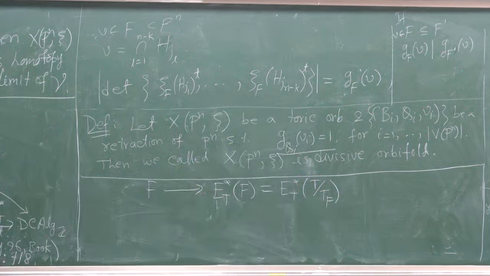I just wanted to say, but it seems time is over, but still I will say in one or two sentences. Using this functor and some result of Harada-Holm, we can compute the equivariant cohomology.